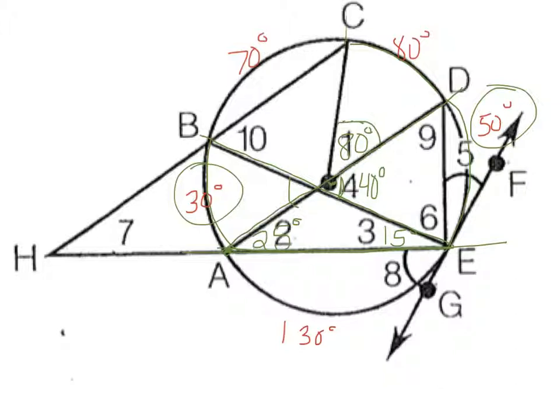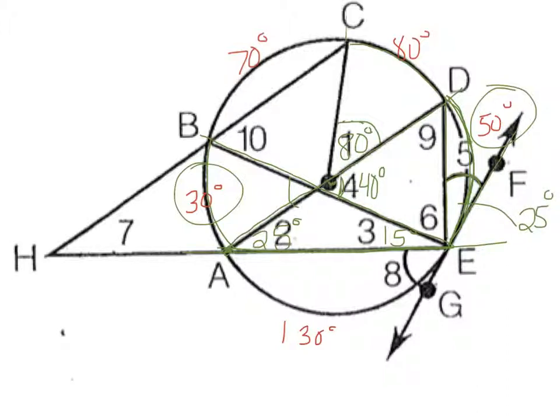All right, let's move on to angle 5. Angle 5 is this angle right here, the angle made with this chord and this tangent. And we also learned yesterday that that angle is half its intercepted arc. And the arc would be this arc right here that goes with that chord. Well, if we know that arc is 50, because it was given to us, then angle 5 has to be 25 degrees.